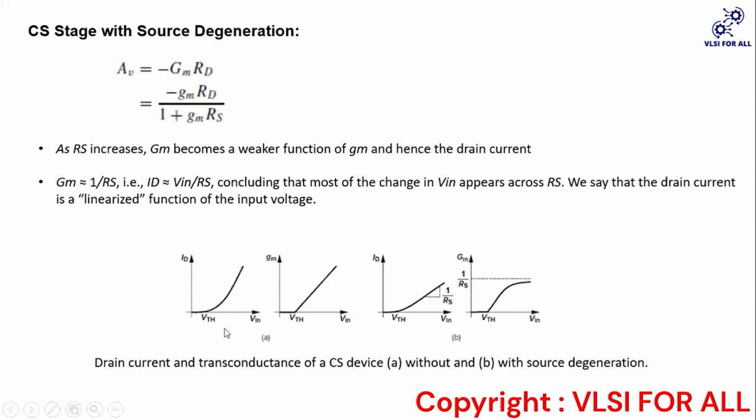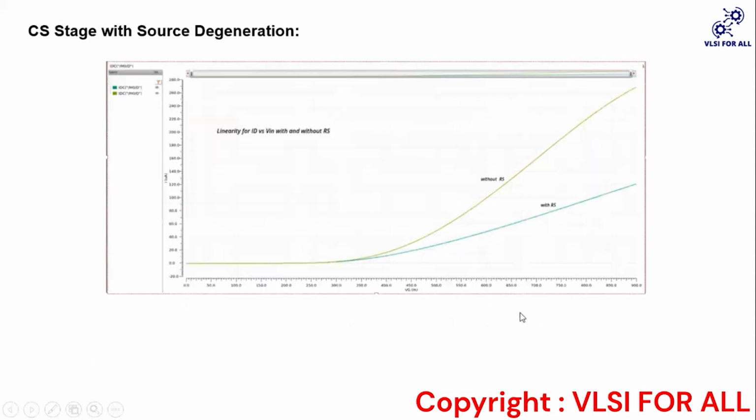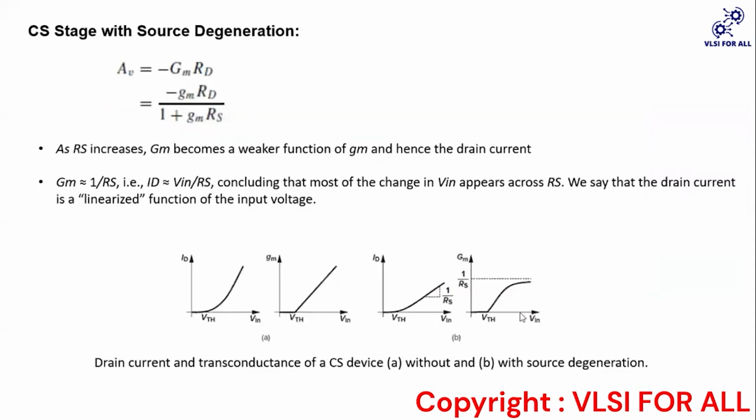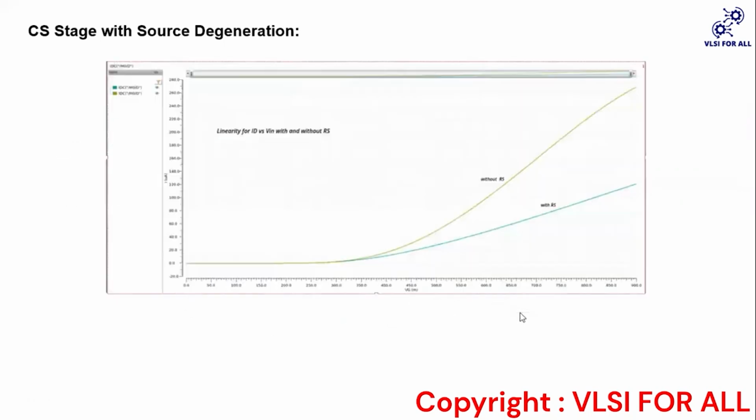Now when we apply this source resistor, we can see the id becomes more linear with V in, right? If you see this graph and this graph, the id becomes more linear with V in. And finally we can see the transconductance graph here. Now we are going to observe this in the tool.